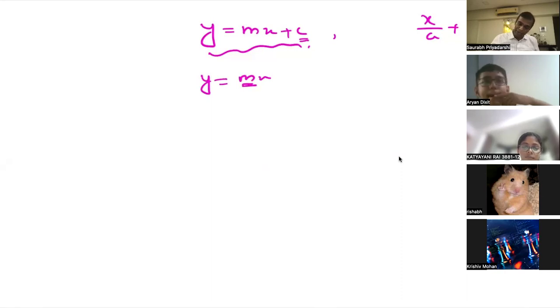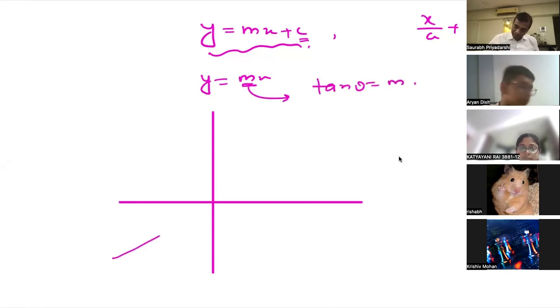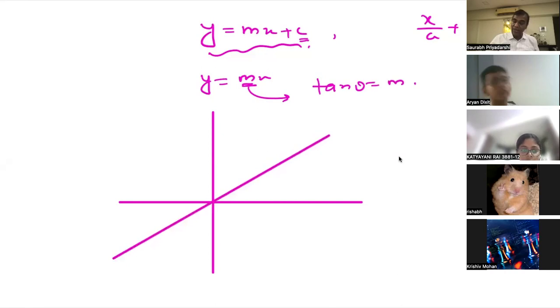The slope decides what factor you are multiplying with x. The slope is tan theta, where theta is the angle with the positive direction of the x-axis in the anticlockwise direction. If theta is negative, you are going for an obtuse angle; if theta is positive, then an acute angle.